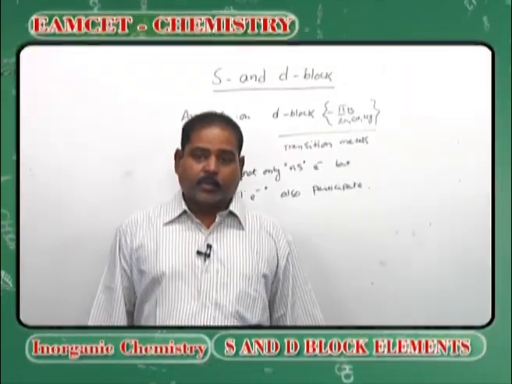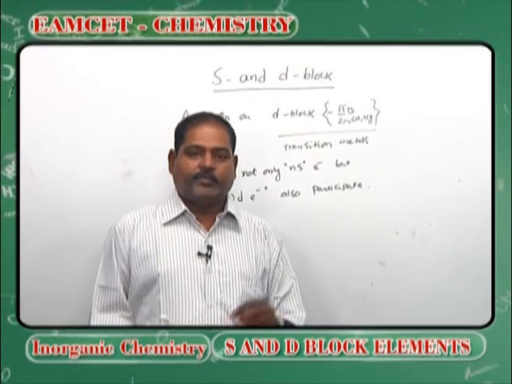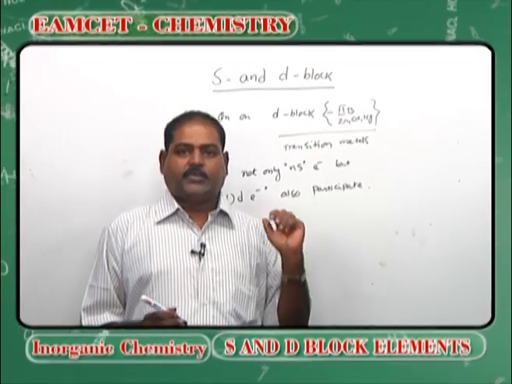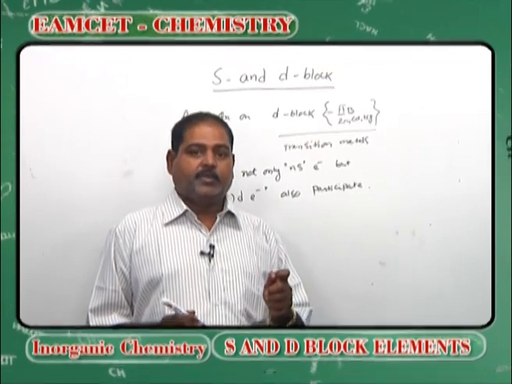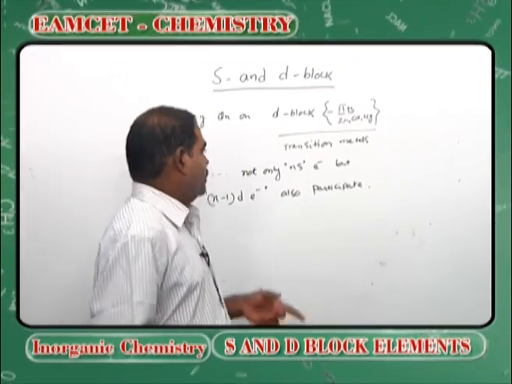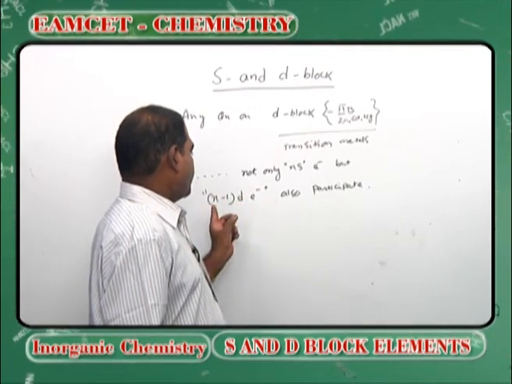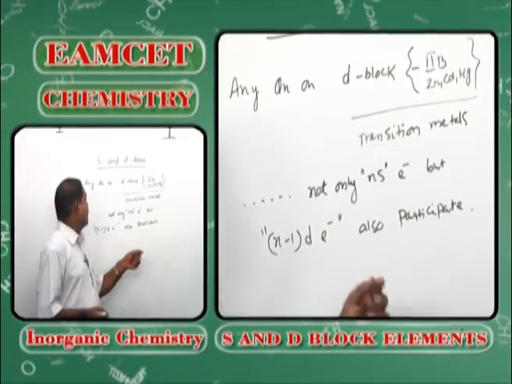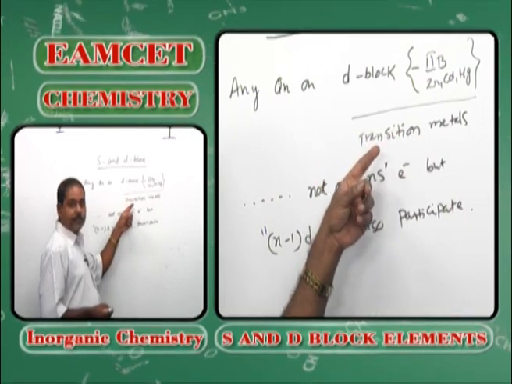For example, the metallic bond strength in the S block is very low, whereas in the D block the metallic bond strength is very high. Why? Not only ns, but (n-1)d electrons also participate in transition metals.